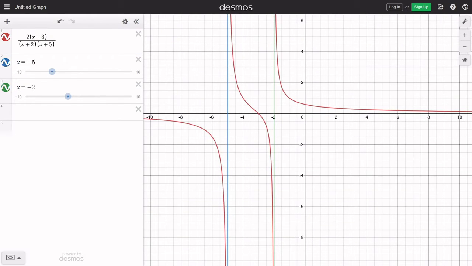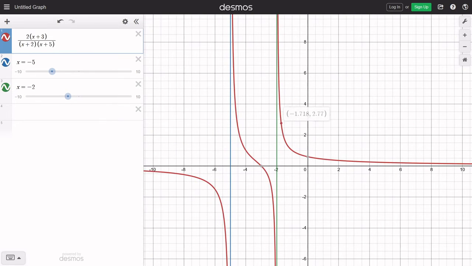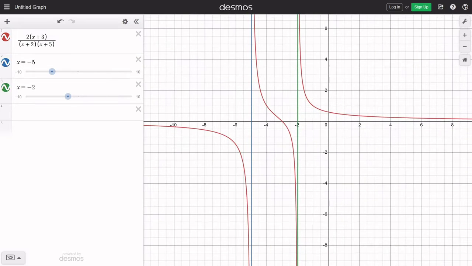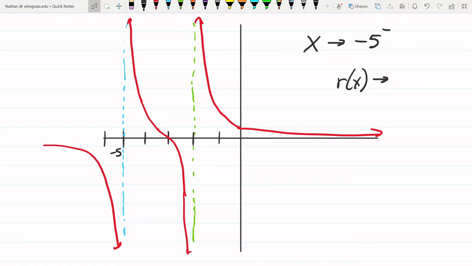The same thing happens with negative 2. It shoots down to negative infinity there, and then up to positive infinity. That's what asymptotes do. The function blows down or blows up to negative or positive infinity as x gets closer and closer to the value.